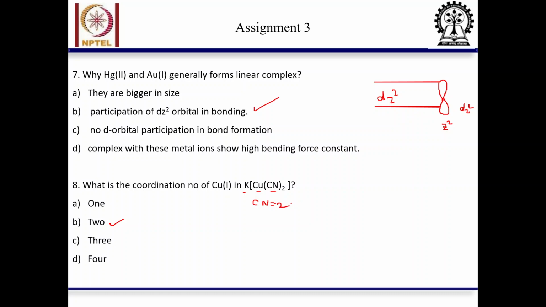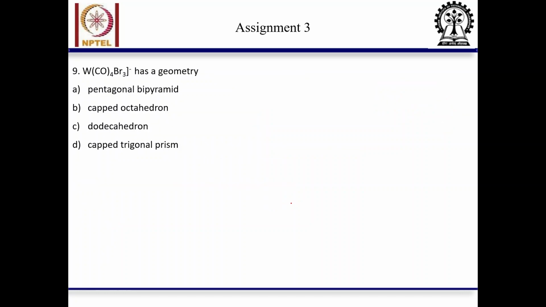Okay, let me go to this. W(CO)4Br3 minus has which geometry? I forgot to put that here, one second. What geometry does it have? Can you tell?